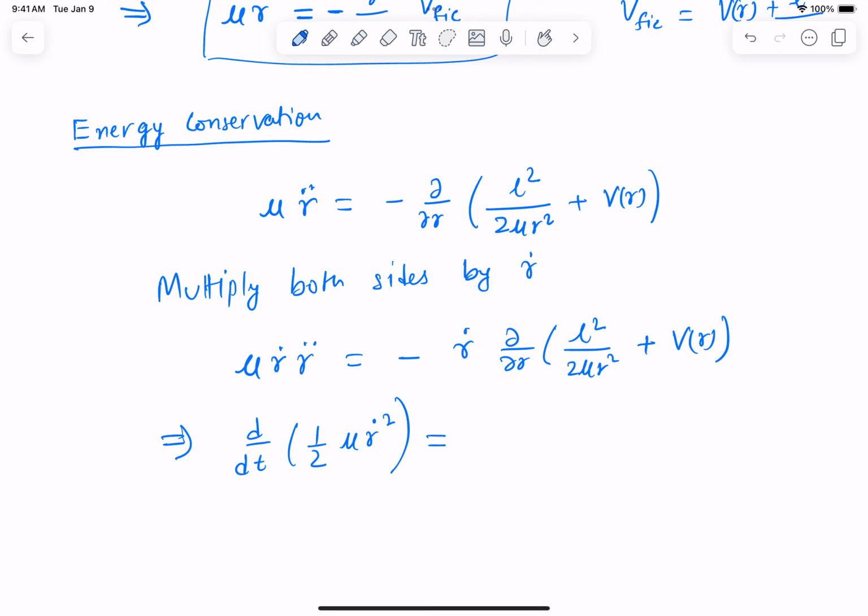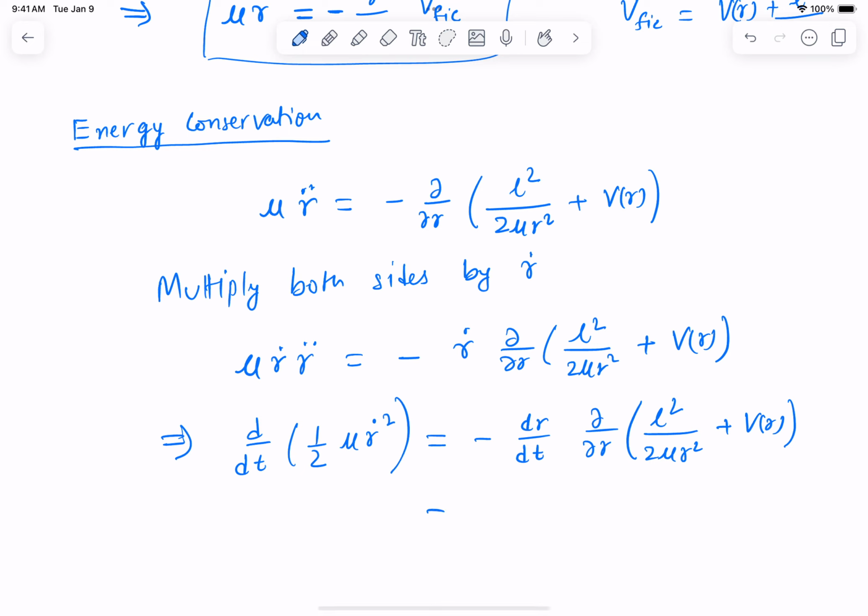You can check that that is going to be correct. And again, you can write r dot as dr by dt, and then you have del by del r of L square by 2 mu r square plus V of r.